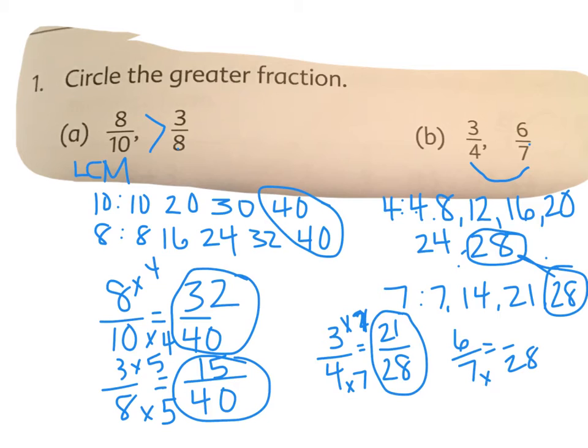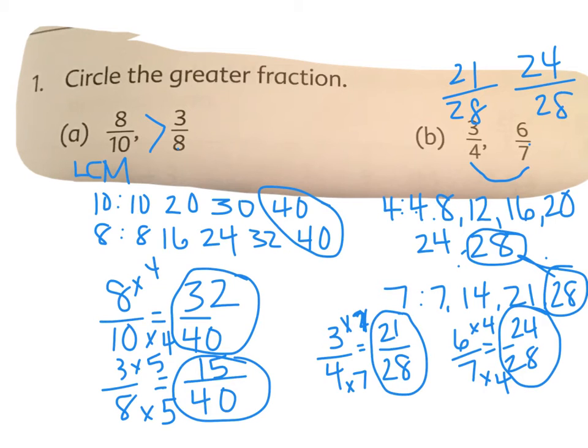What did I multiply 7 by? 4. 6 times 4 equals 24. Now we can compare 21 28ths to 24 28ths. Which one's bigger, 21 or 24? 24. So 6/7 is greater than 3/4.